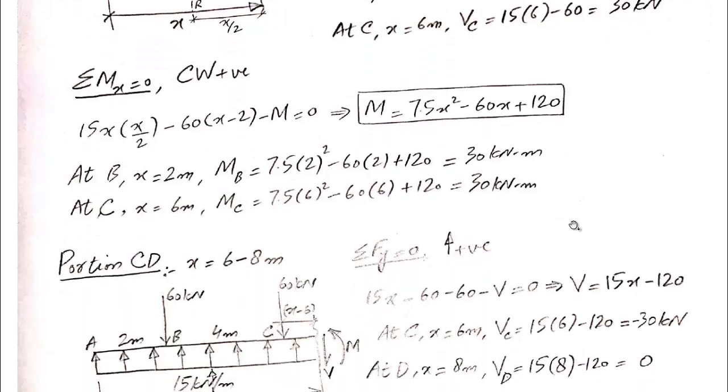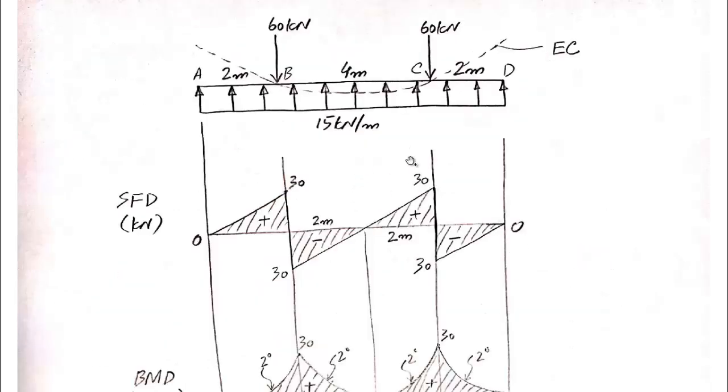So here on the shear force diagram, the first ordinate is 30 and the next ordinate is minus 30, and these will be joined with a straight line because the equation representing the variation of shear for portion AB is a first degree equation.